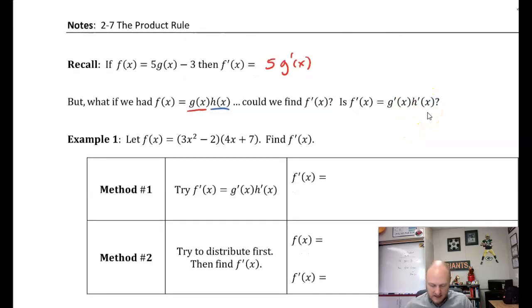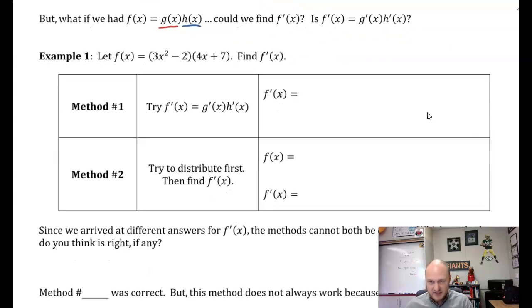Well, let's go ahead and look at a basic function, and then see if this in fact works. So here I have f of x, and f of x is equal to 3x squared minus 2 times the second function, which is 4x plus 7, and we're asked to find f prime of x.